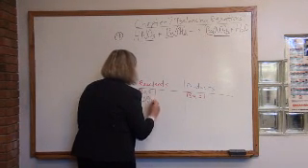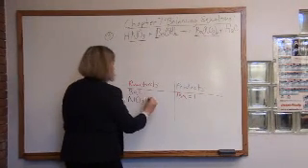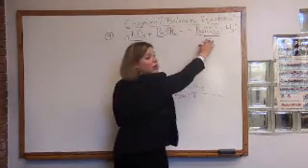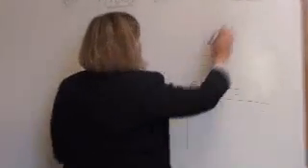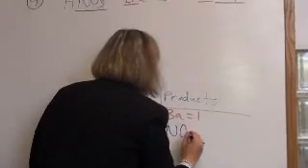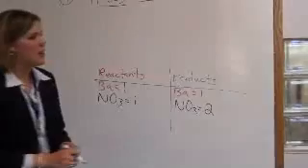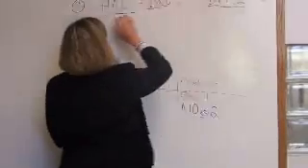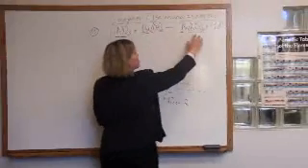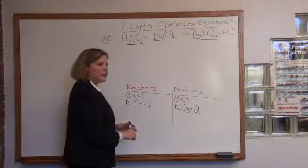How many nitrates do you see on the left side? One. How many do you see on the right side? Well, not 6, but 2. You're thinking of the number of oxygens.